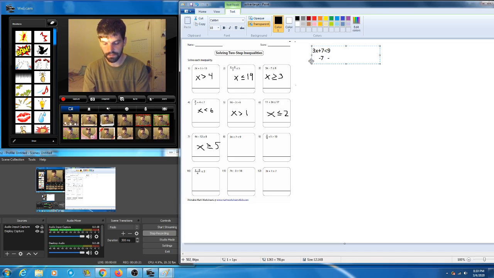And we'll get that 3x is less than 2. Now we're going to divide both sides by 3, and we're going to get that x is less than 2/3.